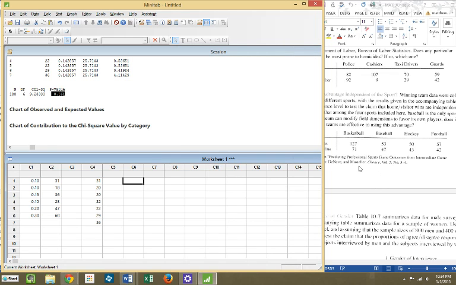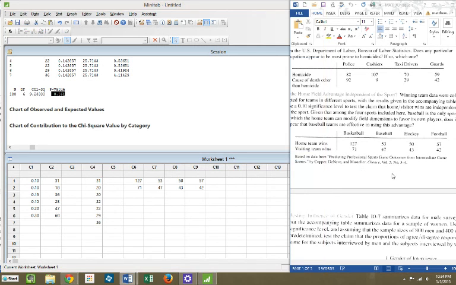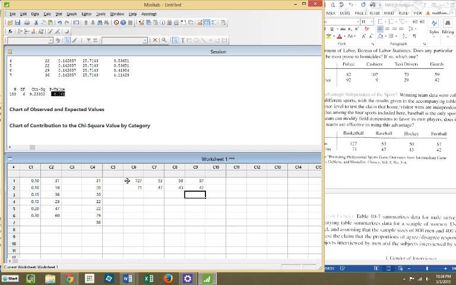Well, for baseball, we have 127 wins versus 71. We have 53 wins versus 47. Here we have 50 wins versus 43. Here we have 57 wins versus 42. So the question is baseball, basketball, hockey, and football, home team wins versus visiting team wins.